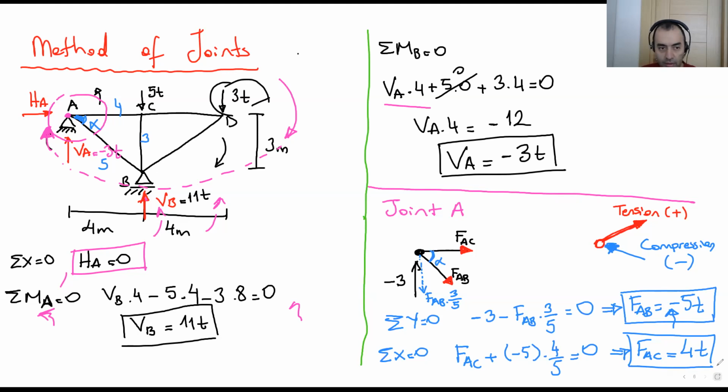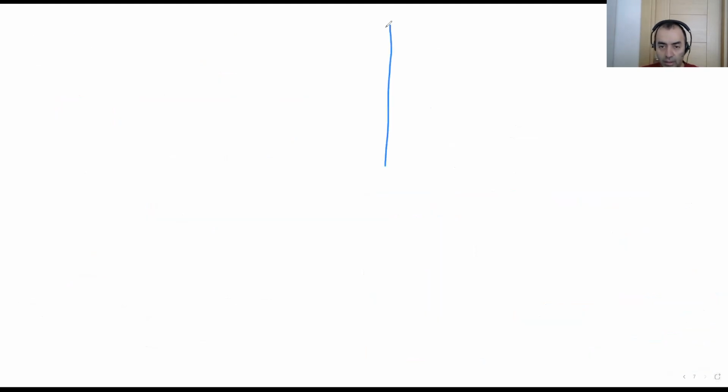Let's do point B. No, there are 3 members in point B, 1, 2, 3 with angles. Point C is easier than point B. Let's do joint C first.